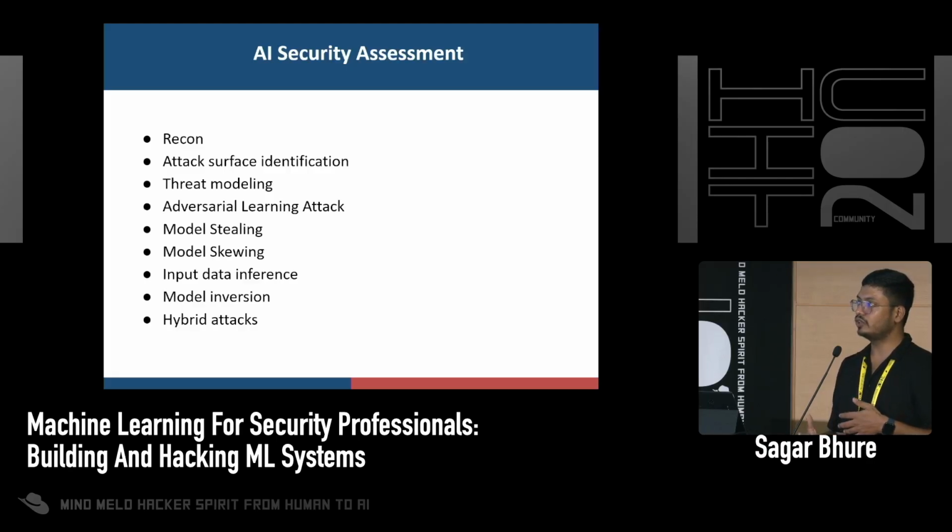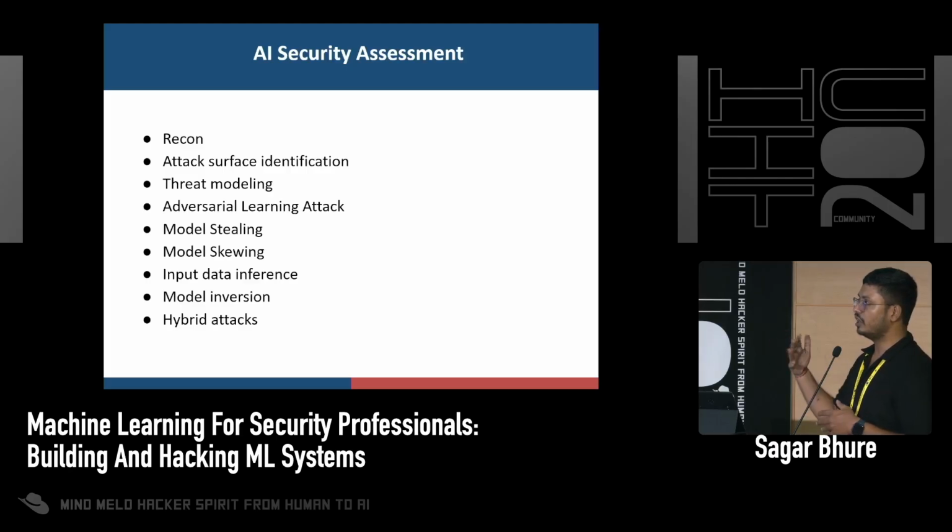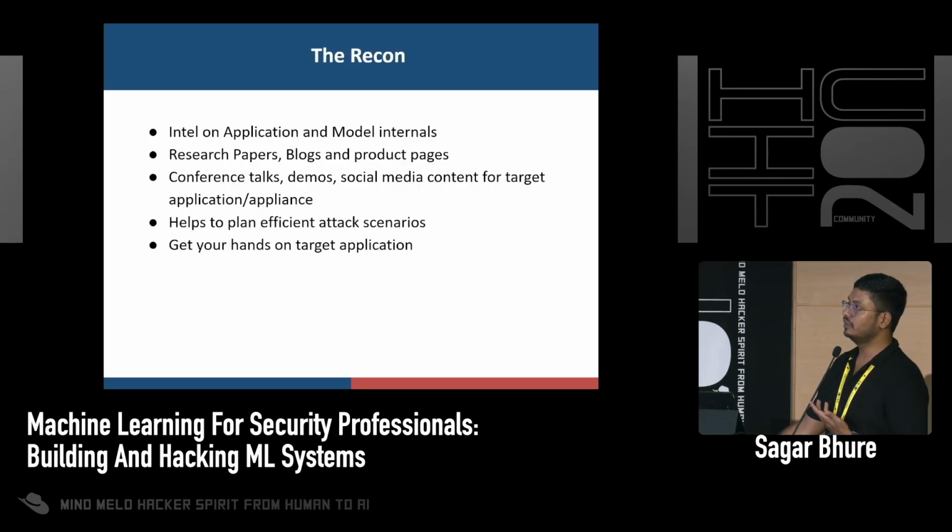There can be application attacks on machine learning, where you can do a security assessment or pen test using reconnaissance, threat modeling, which we are going to talk about probably at the end before the CTF, and then model inversion and hybrid attacks. This is just a proposal. I've formulated it based on some research paper.